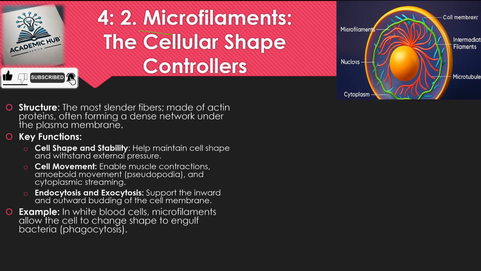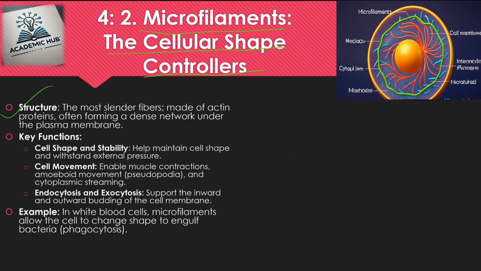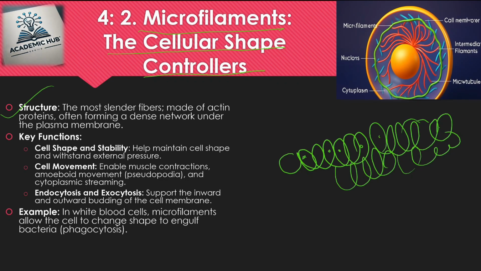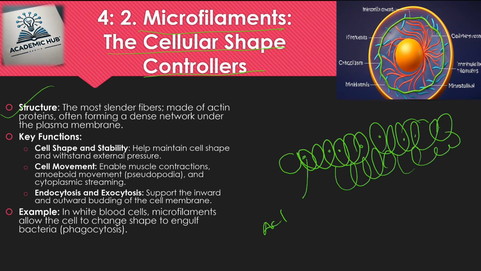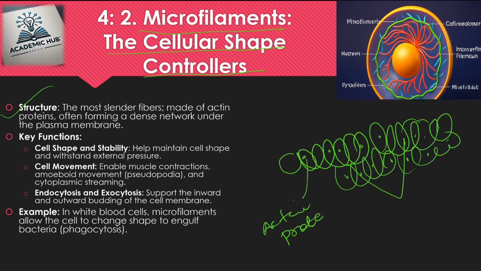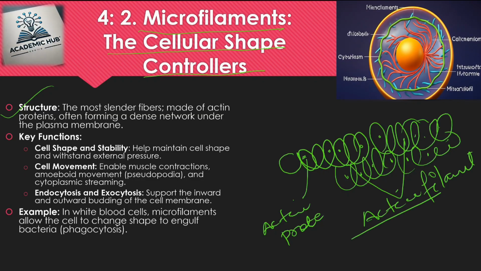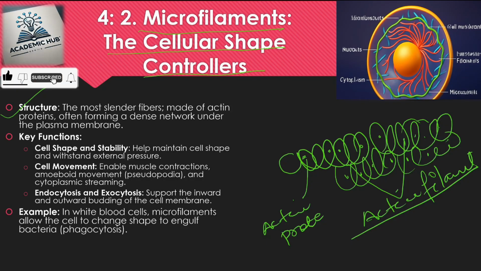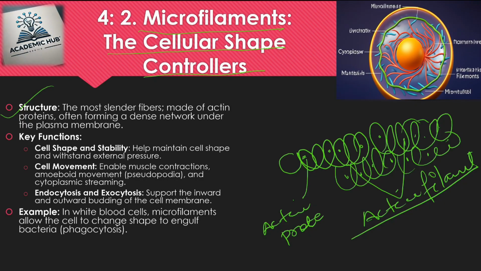Next is the microfilament, the cellular shape controller. Structure: the actin filament is like this. A single unit is an actin protein, and the chain combined is known as an actin filament because it takes the shape of a filament. Microfilaments form the cytoskeleton's most slender structural fibers.